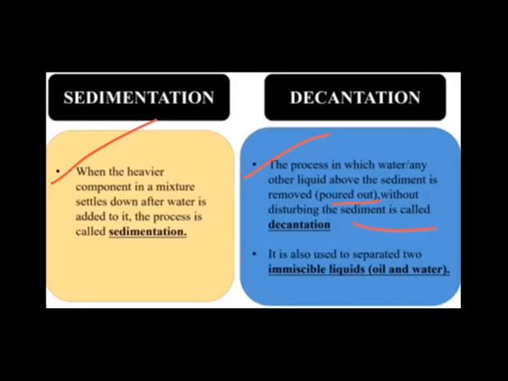And it is also used to separate two immiscible liquids, oil and water. So with the help of this process, we can also separate oil and water. We will now look at the methods of sedimentation and decantation with another example. Okay.